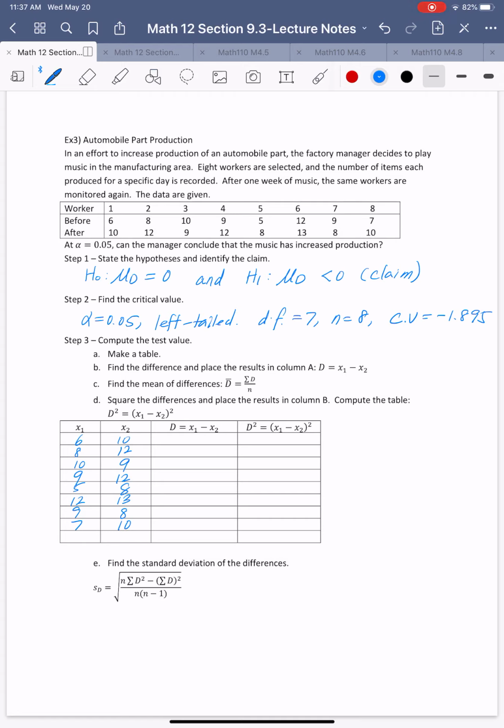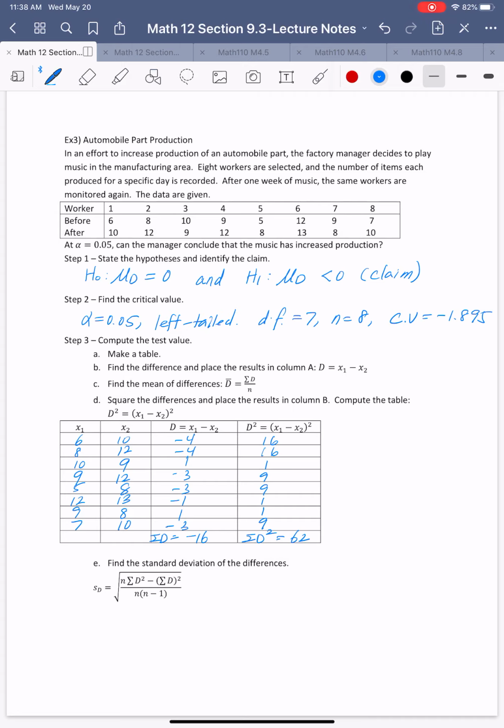And then the differences are negative 4, 1, negative 3, negative 3, negative 1, negative 3. And the squares are 16, 16, 1, 9, 9, 1, 1, 9. Then sigma D is negative 16, and sigma D squared is 62.